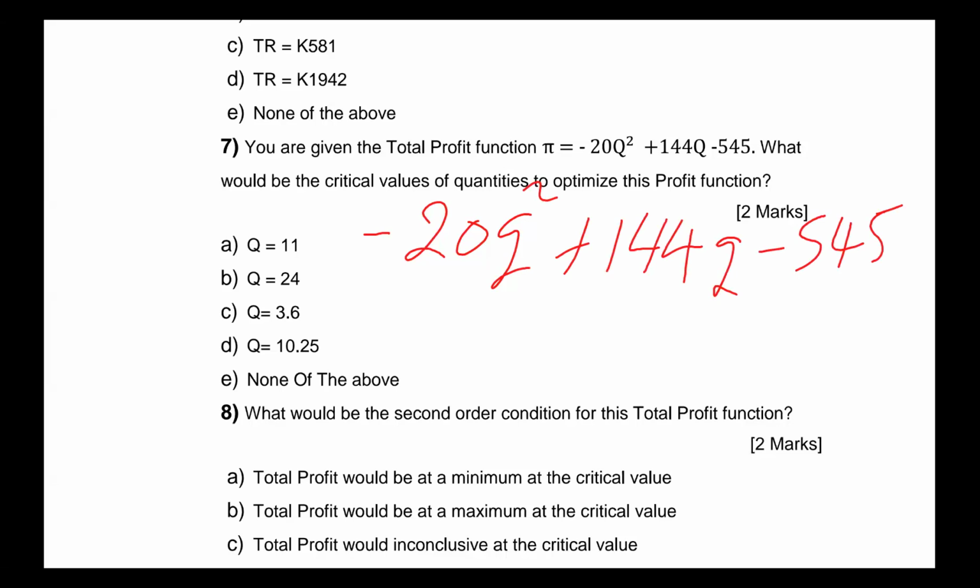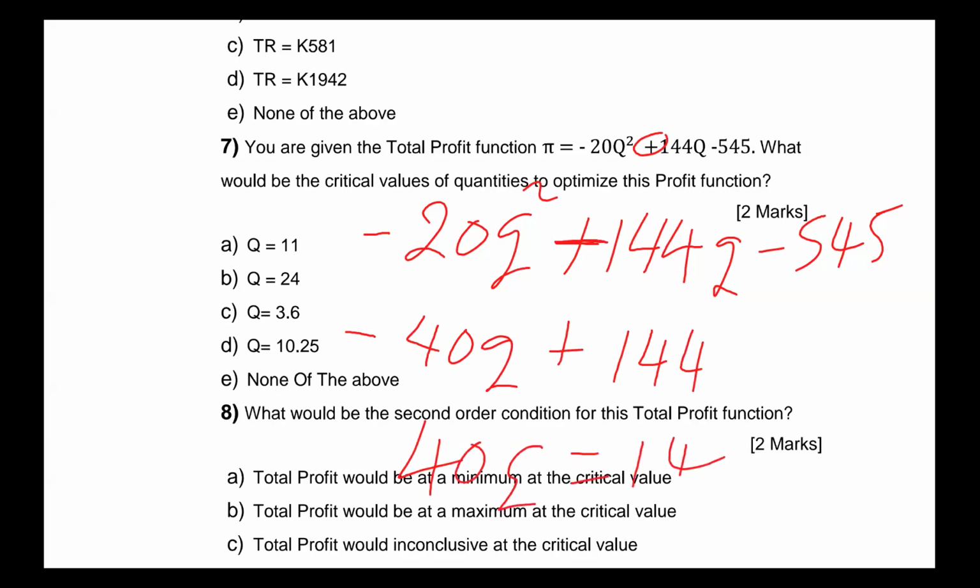It's 20 times 2, so it's negative 40q. Then it's plus 144, I wrote minus, sorry. So you have 40q equal to 144.